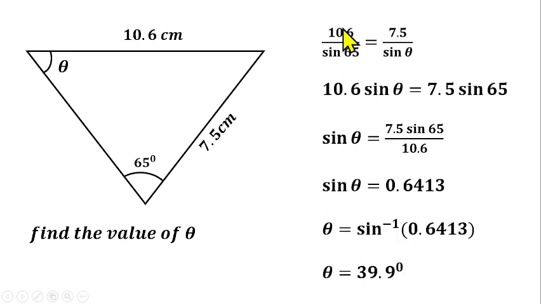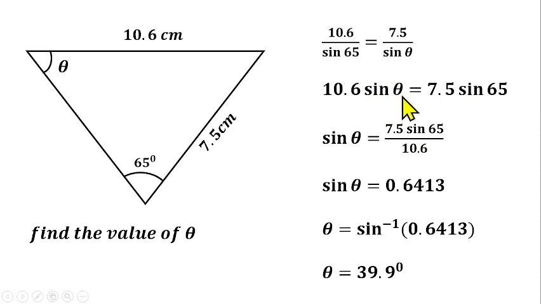So we'll be having 10.6, which is this side, over the sine of angle 65, which is the pair given completely, equals 7.5 over sine theta. So what do we do? We cross multiply as well. We have 10.6 multiplying sine theta equals 7.5 multiplying sine 65, like this.